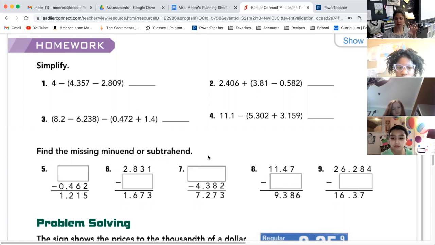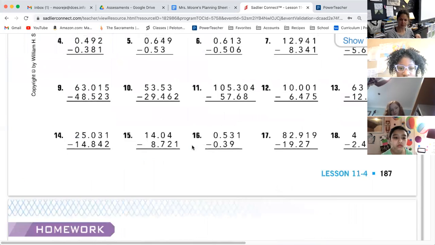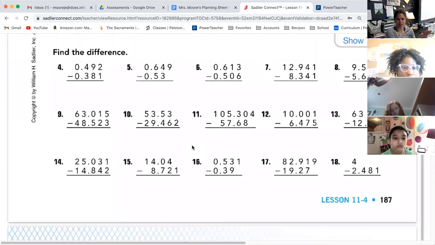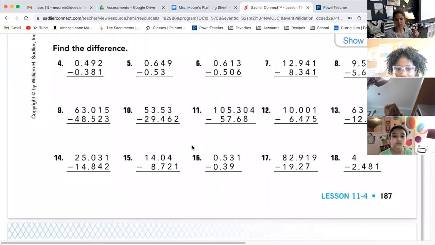And I'm going to grab one from each of the sections and give you reminders, tips, and strategies to approach these, because these are far more complex than the ones here, right? These were already set up for you. They're already aligned for you. They were easy to find the difference.